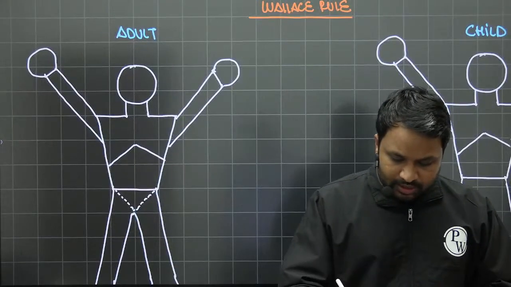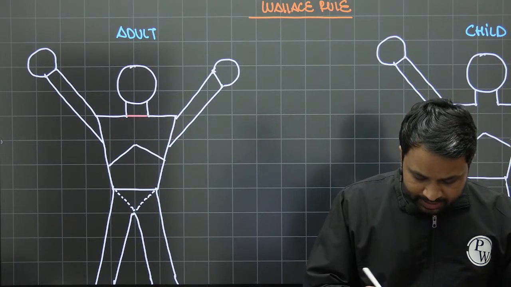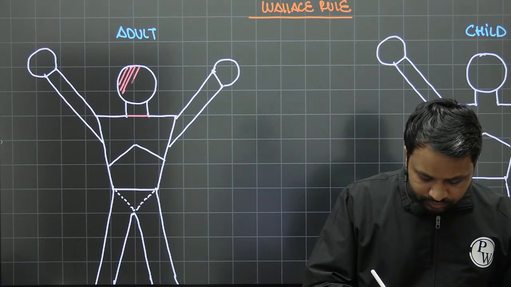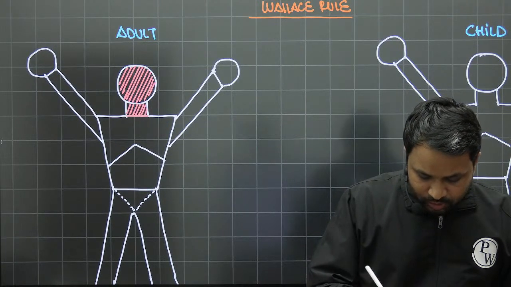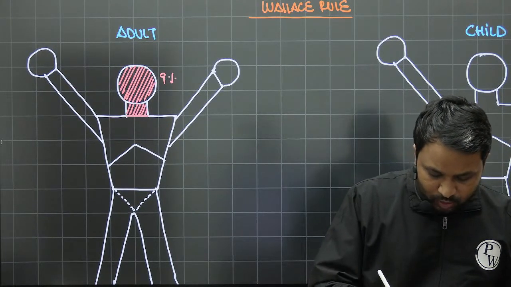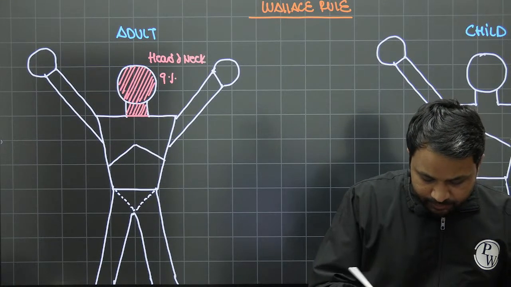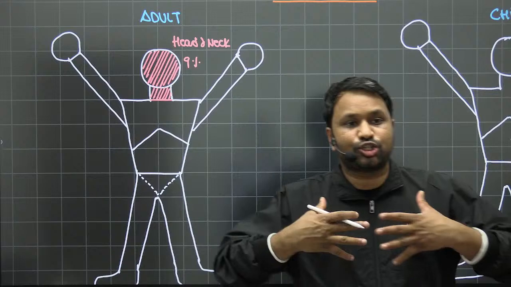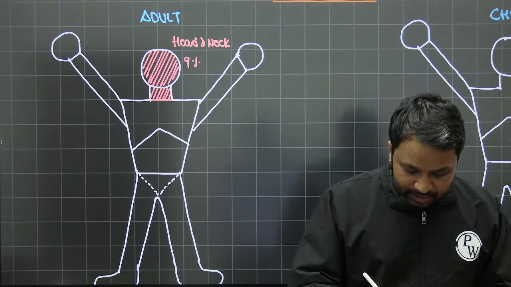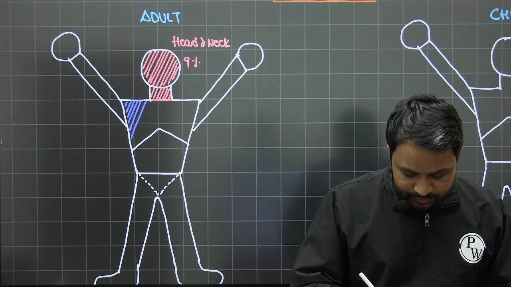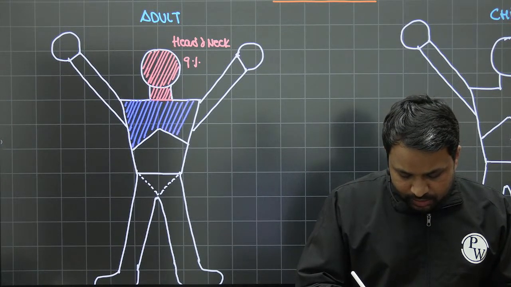So in an adult, when you are calculating the percentage of body surface area burnt, the head and neck together account for 9% of the total body surface area burnt. Then you have the trunk, that is the anterior part of the chest as well as the abdomen.